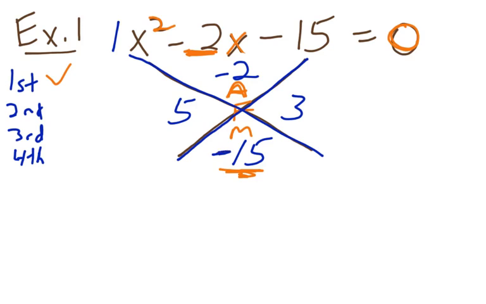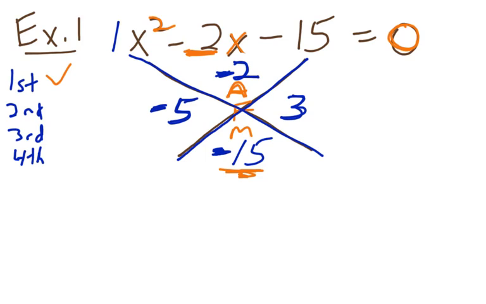And since I have a negative 15 there, I know that one of my numbers has to be negative. What if I did the negative on the 3? 5 times negative 3 gives me negative 15. But if I add them, it gives me a positive 2, not a negative 2. So that's not right. So the negative has to go with the 5, because negative 5 plus 3 gives me negative 2. So that works.